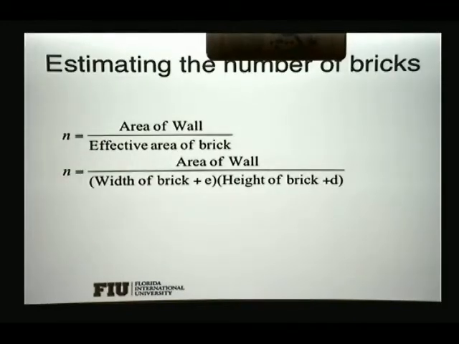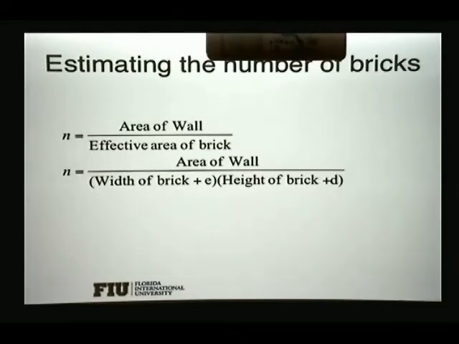Here's what I was going to say before, about estimating the number of bricks. You can use a mathematical formula. You take the area of the wall and divide that by the effective area of the brick, which is the area of the brick plus the separation between one block and the other.